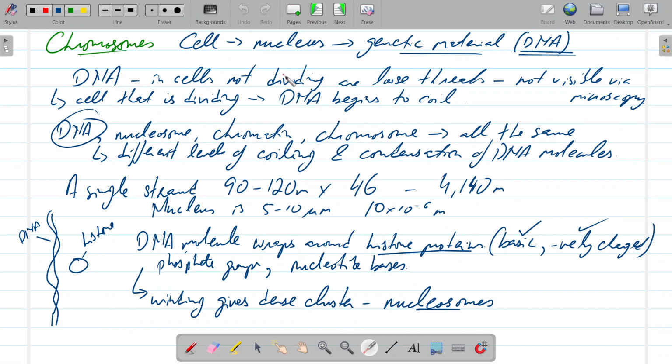We talked about chromosomes, which are present in the nucleus of the cell, and they are basically the DNA molecules, which are the genetic material. And chromosomes are the coiled and condensed structure that DNA forms after wrapping around histone proteins and further supercoiling.